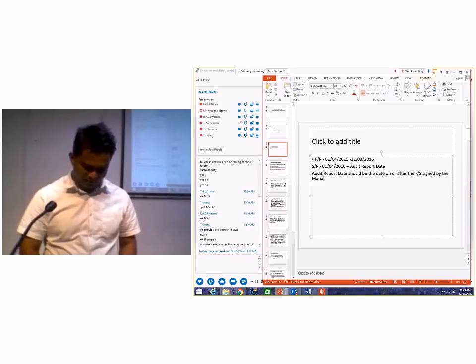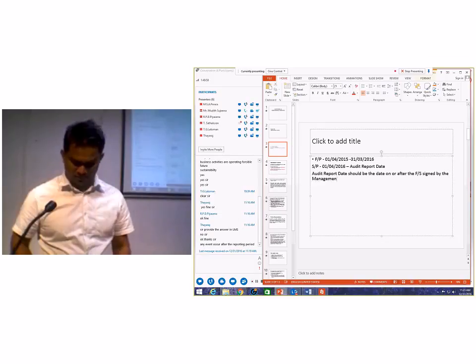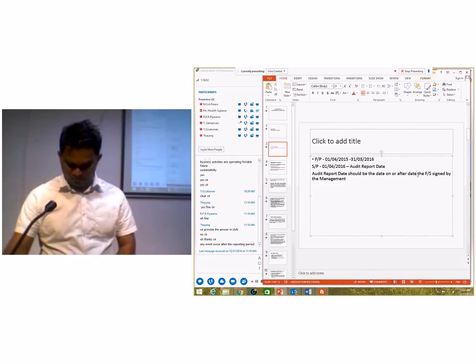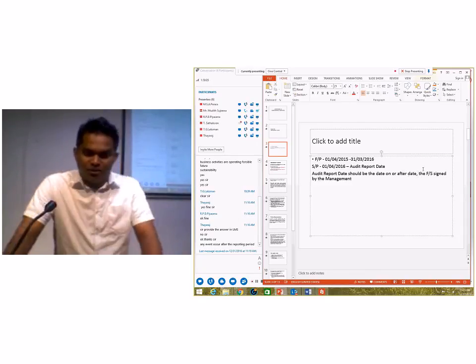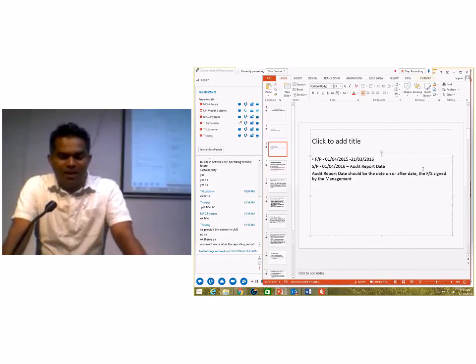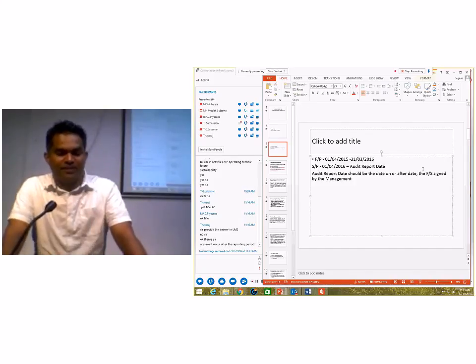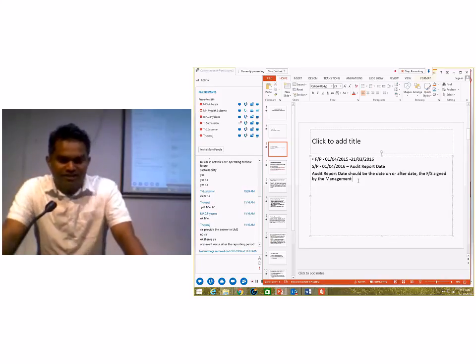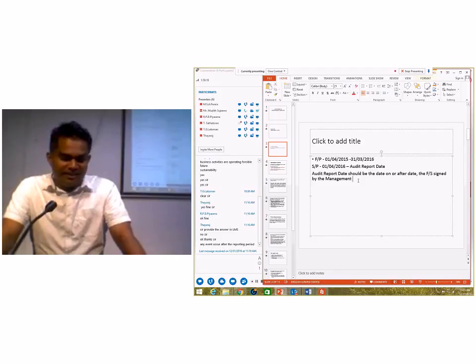Management. Audit report date should be the date on or after the date the financial statements are signed by the management. So now the concern is, can you put the audit report date as an earlier date before signing the financial statements?